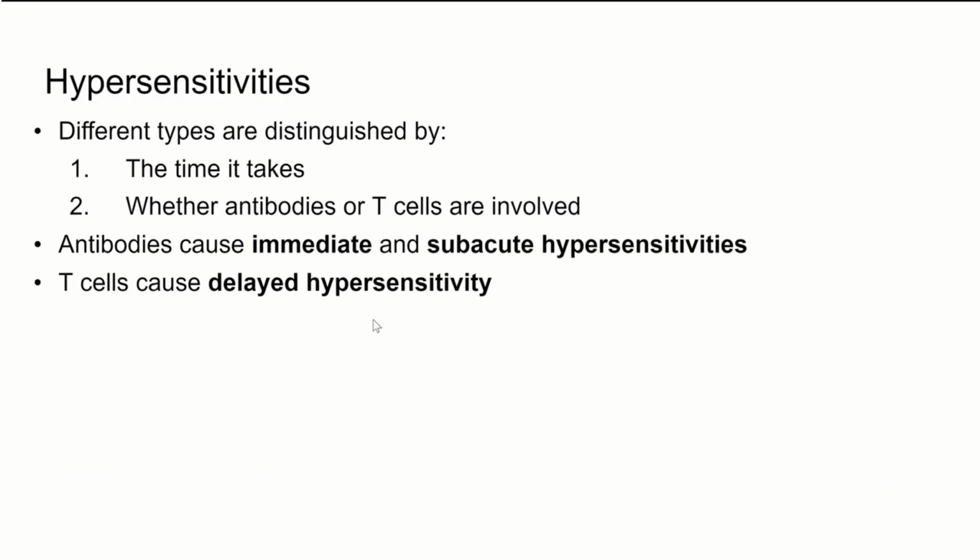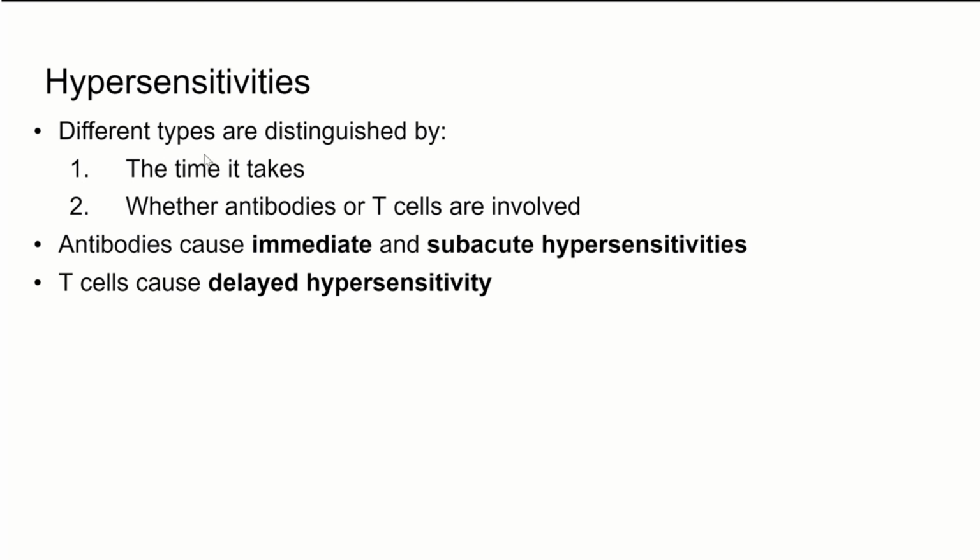And then we have kind of the lighter aspect of autoimmune. We have hypersensitivities. We have two types: immediate and delayed.